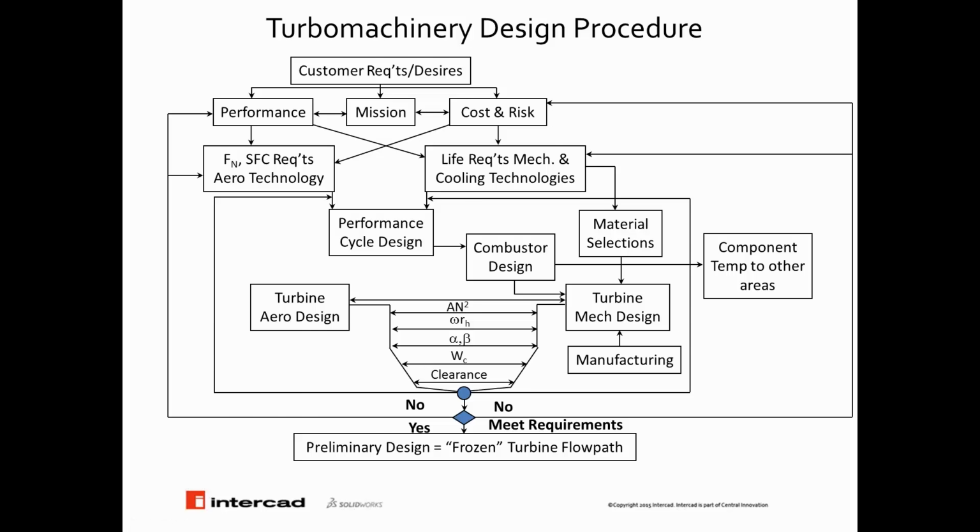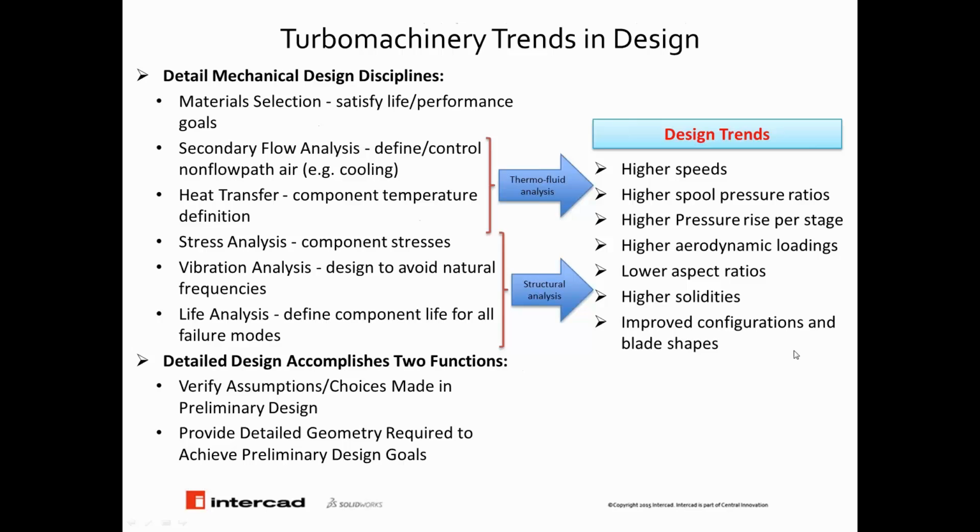Now, considering this stage, there are highlights coming from the details of the mechanical design discipline, like material selection and flow analysis. In some cases, it could be heat transfer, and on the structural analysis side, we're talking about stress, vibration, lifetime analysis, failure mode, maybe the possibility of buckling, and everything else.